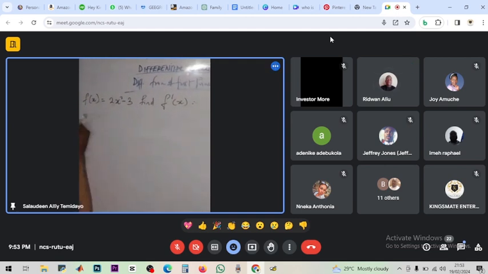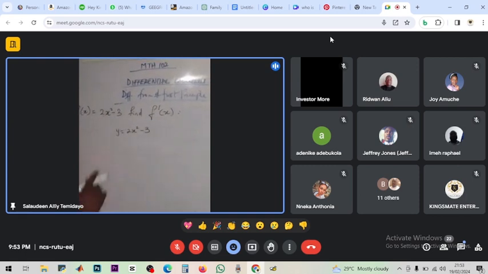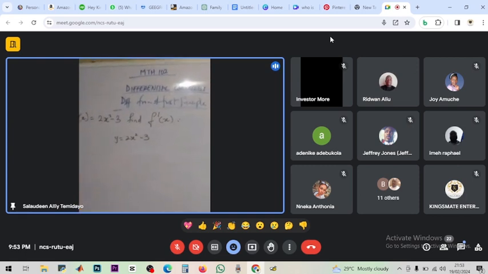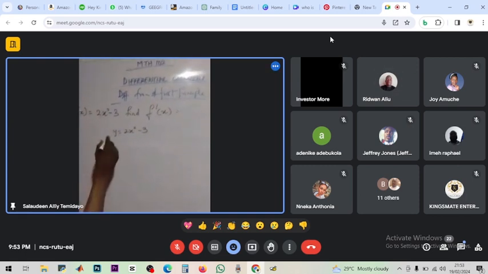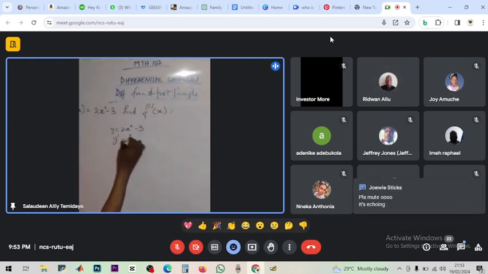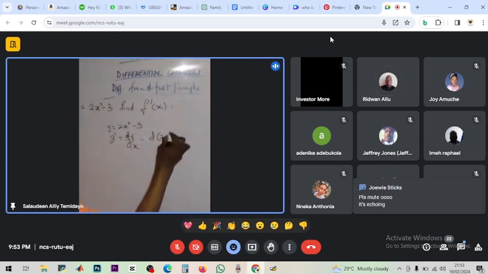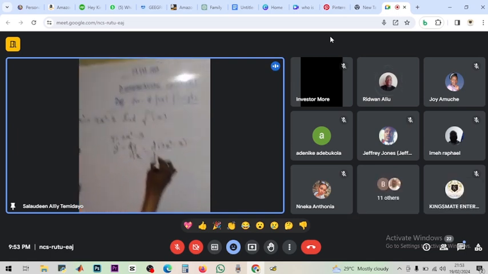Find y prime. I'm giving you the several ways it might come from a textbook as I'm remembering it. So y prime equals dy dx, which is also equal to d of 2x squared minus 3 dx.